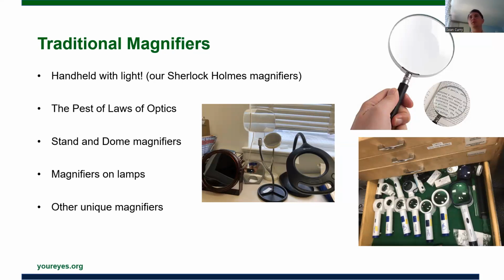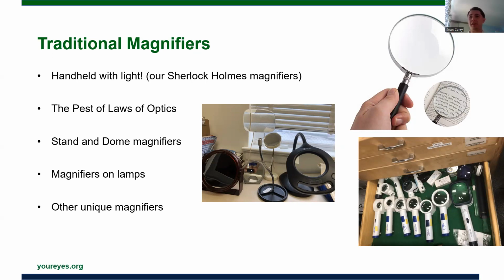And then some other unique magnifiers. If you want to try different things, there's all kinds of things. There's vanity mirrors, first off. That's one thing that many of us may benefit from, not only if you're trying to do your makeup, but also if you're trying, for example, to brush your teeth or shave or do your hair or something like that. Having that 3 or 4 power magnification can be useful in that sense. There's also things like pendant magnifiers, so it's like a pendant around your neck.